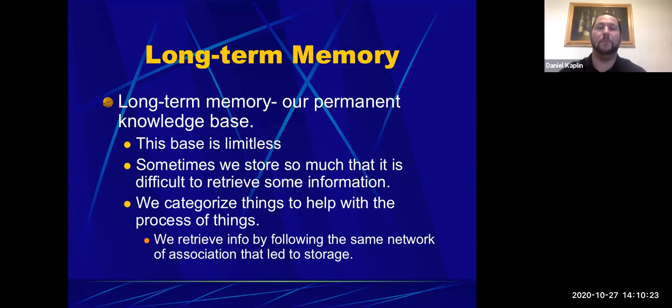Now, long-term memory, I described earlier as analogous to the cloud. The cloud is limitless, so is your long-term memory. Your long-term memory, it's there forever in the absence of some kind of neurocognitive disorder where you lose your memory.